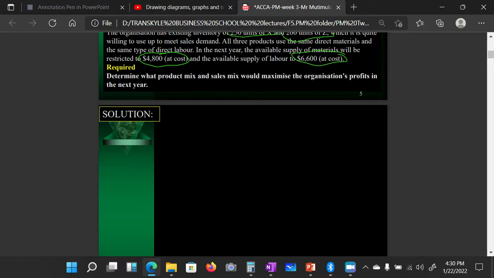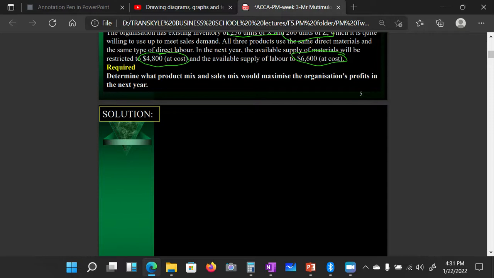There are two scarce resources in this case that may be limiting factors. We are told that materials are restricted to a particular amount, as well as the labor. However, it is not actually certain that the two are indeed limiting factors.